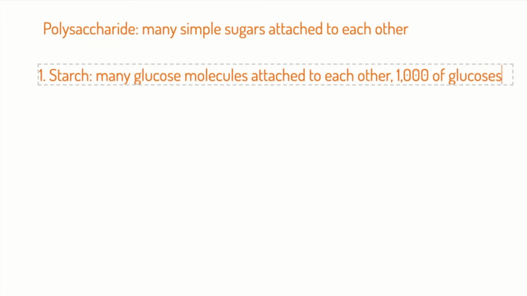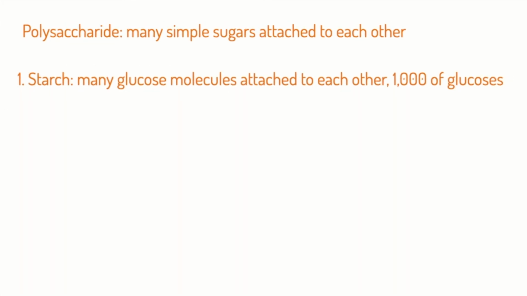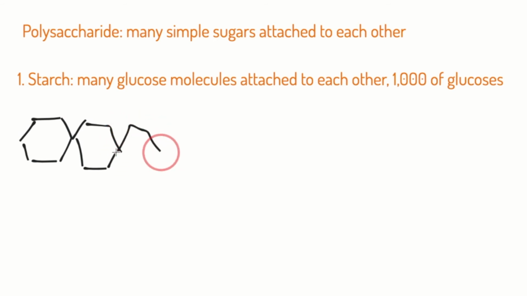And so what that would look like is you would have a carbon ring. So this is glucose, which is C6H12O6. And that glucose would be attached to another glucose, and that glucose would be attached to another glucose, and on and on and on.